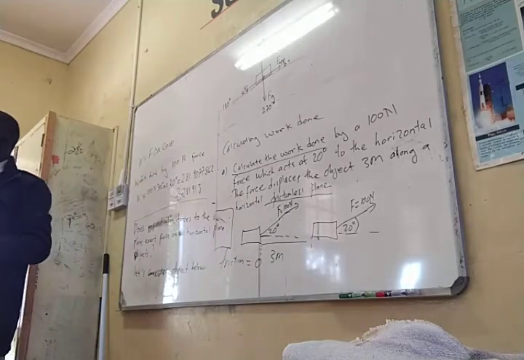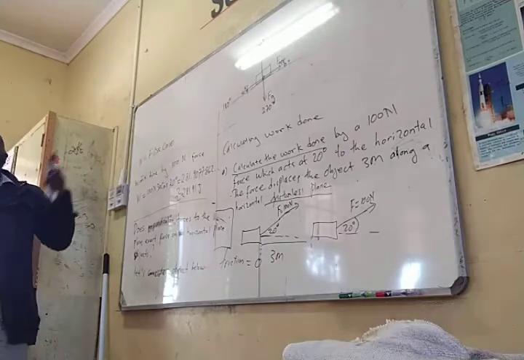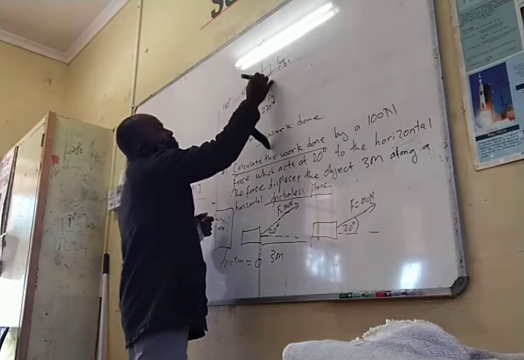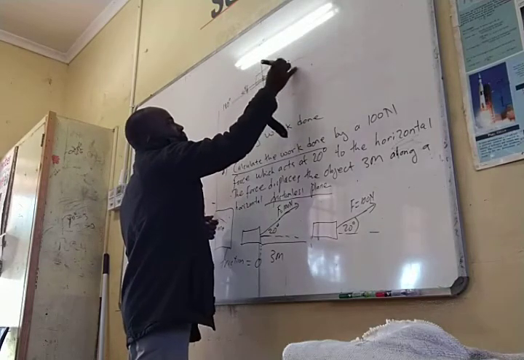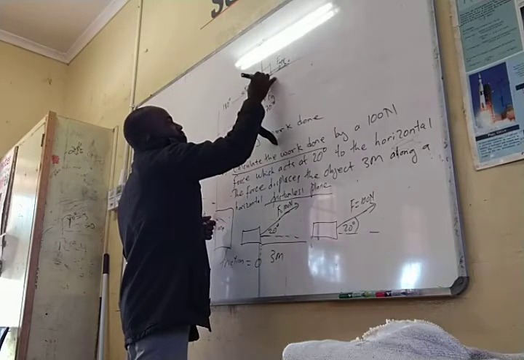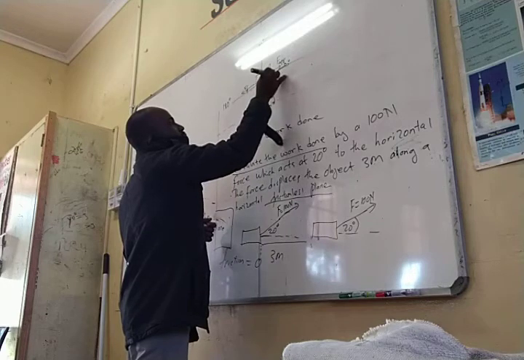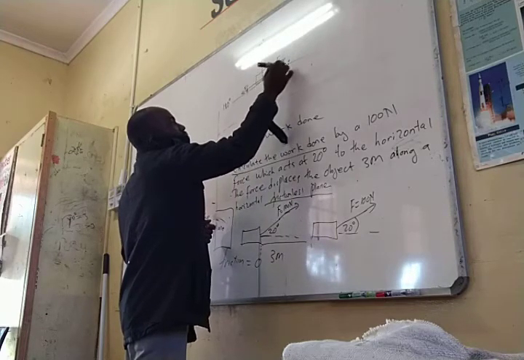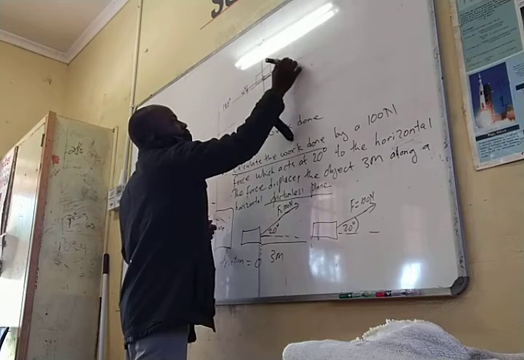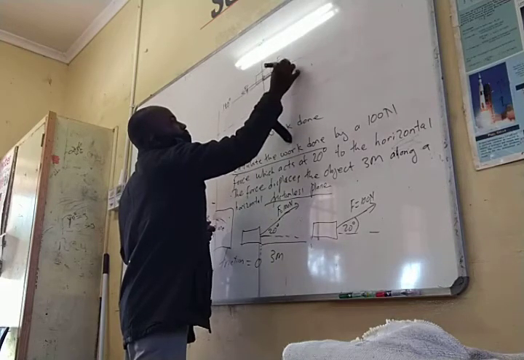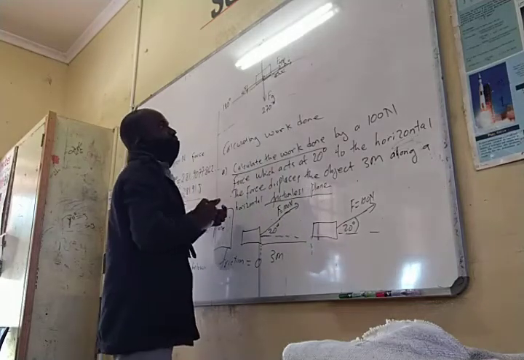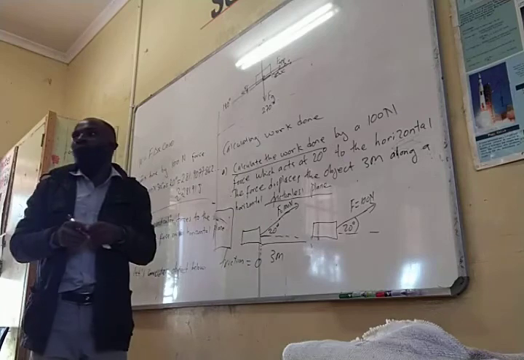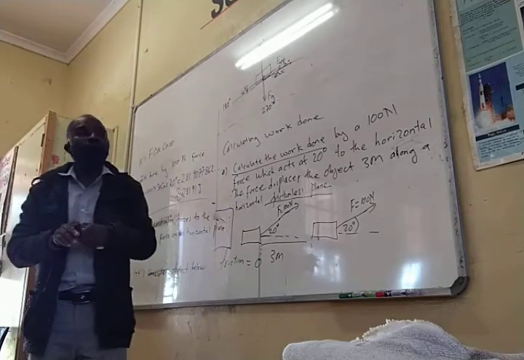So when you measure angle, you measure anti-clockwise in this case. There may also be a distance here, which is delta x. From this point to this point, you have displacement, which is delta x.